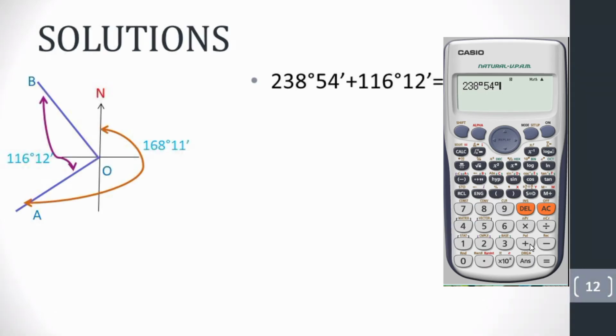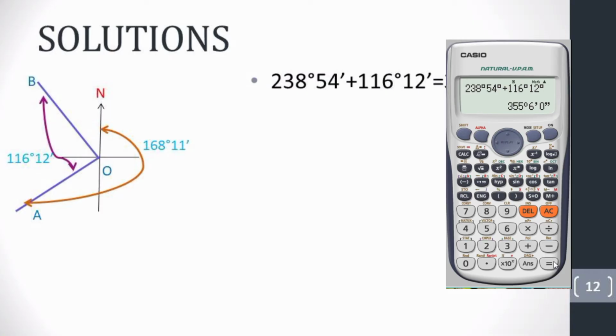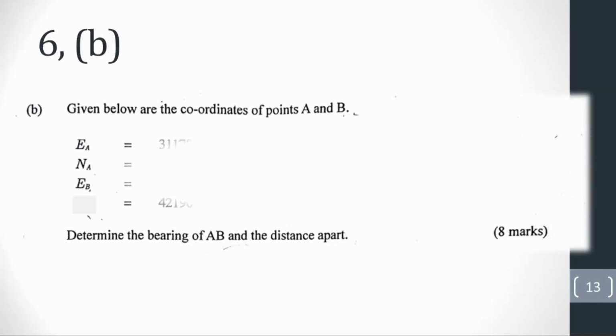So for OA we have the bearing there, then the angle between A and B, the internal angle, we have that. Remembering that our bearing has to start on the magnetic north. Yeah, so let's go ahead to question 6b.